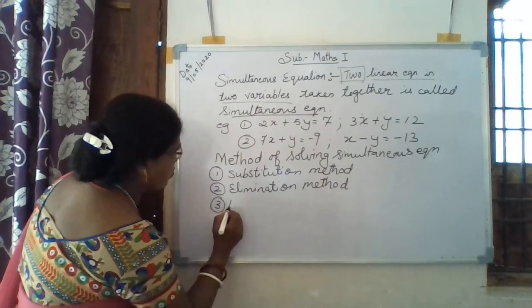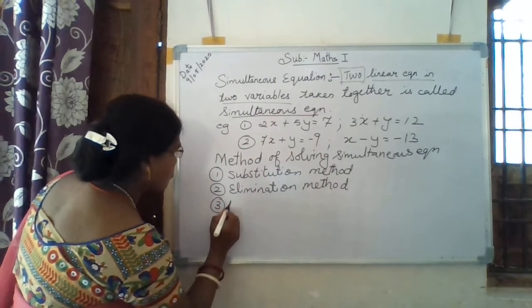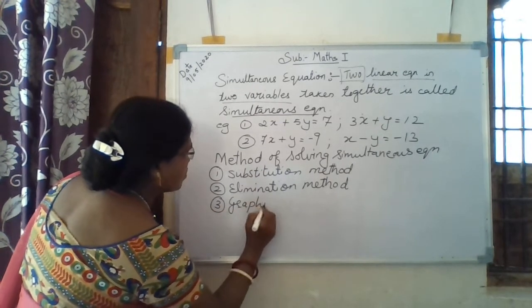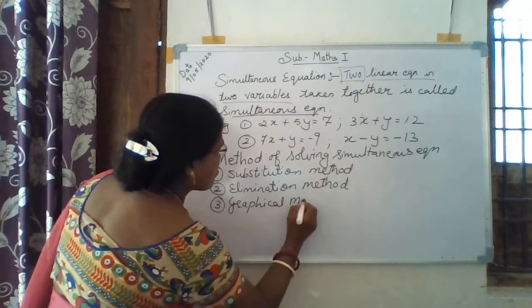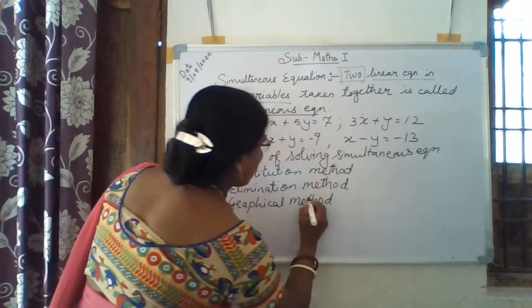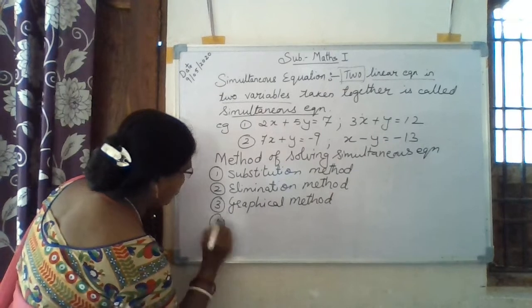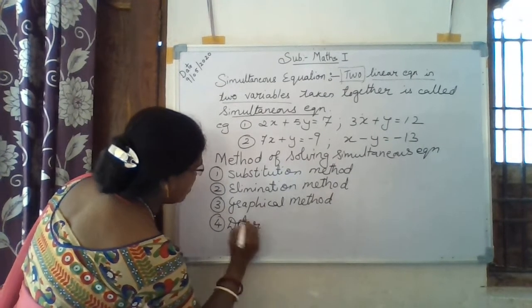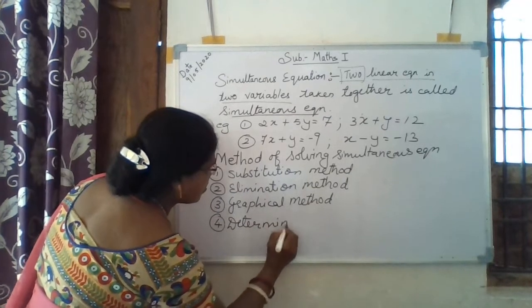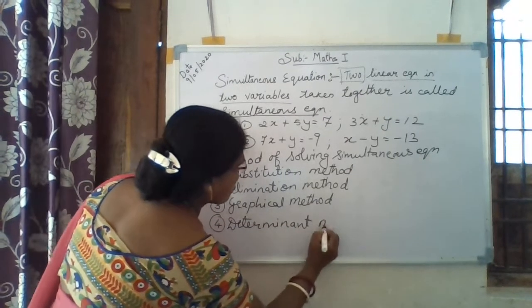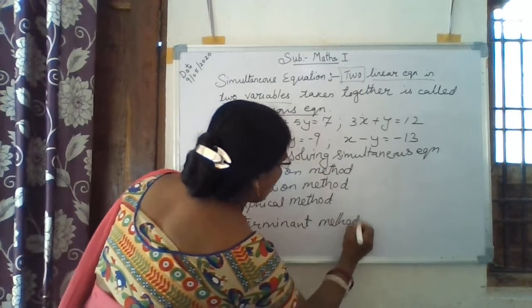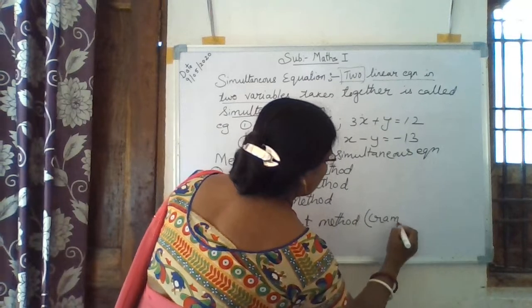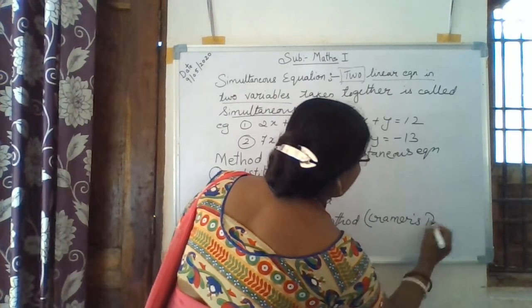Third one is graphical method. And fourth one is determinant method, or it is also called Cramer's rule.